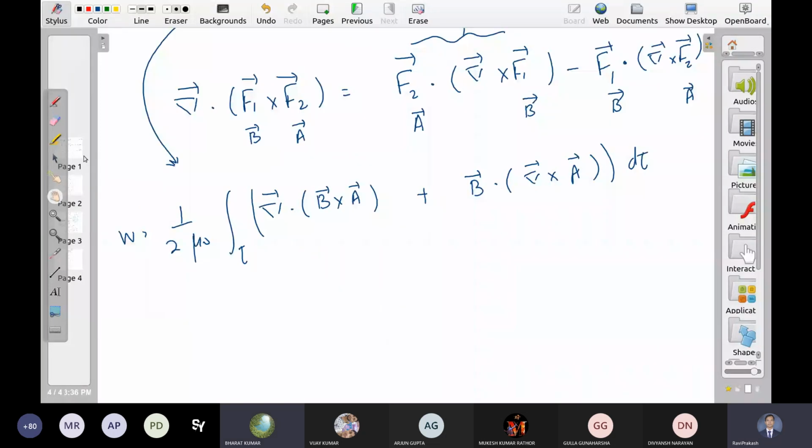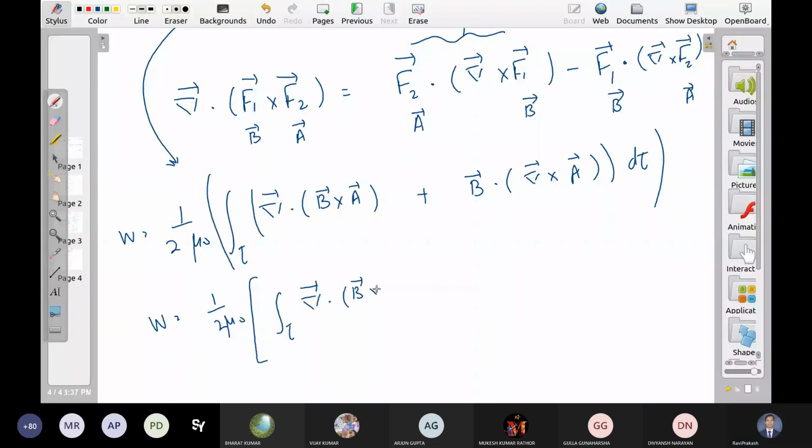So we got two integrals again, and 1 by 2 mu naught is common for all. The first integral is the volume integral of a divergence of something. In fact, there is no limit now, right?